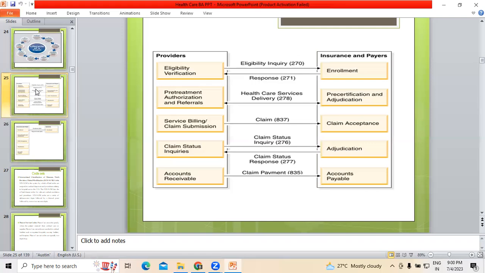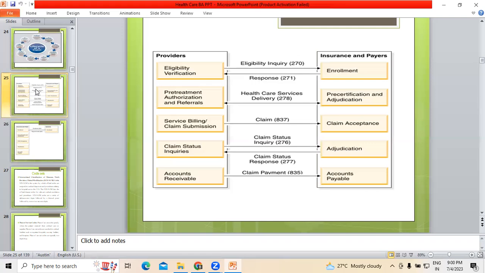I'll give you a scenario. For example, an individual has a Medicare insurance plan for himself and his family. Apart from that, people sometimes take private insurance also for an additional benefit.